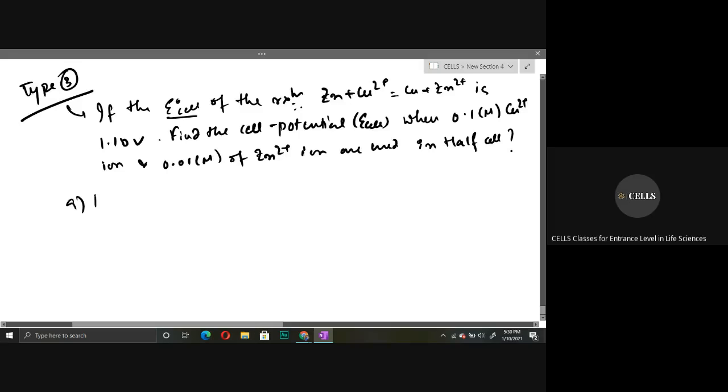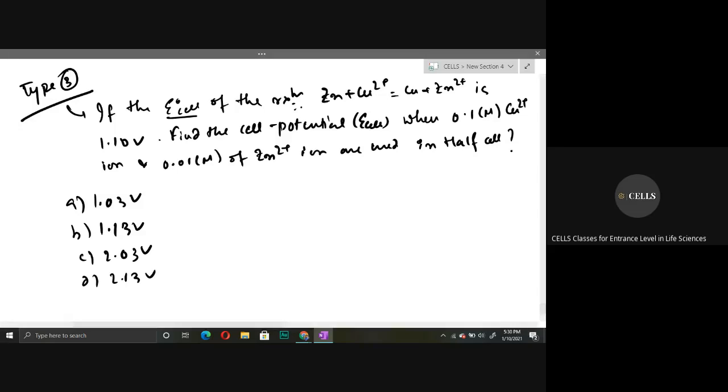Options are A 1.03 volt, B 1.13 volt, C 2.03 volt, D 2.13 volt. Solve it. Use the Nernst equation and you will get the answer.